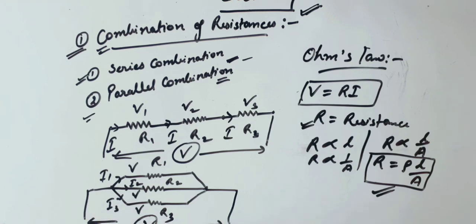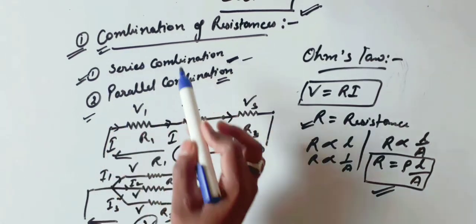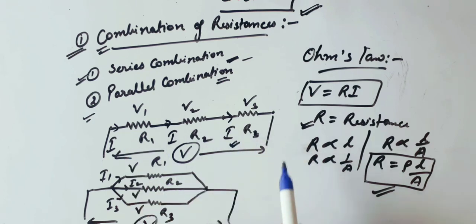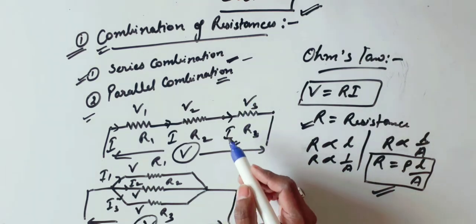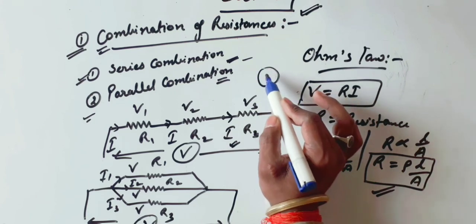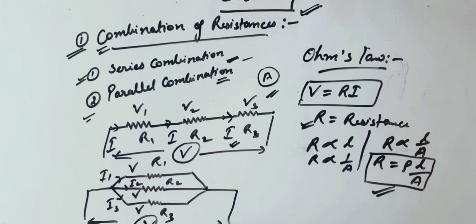So my dear students, in the series combination the flow of current is constant for all resistances, but in the case of parallel combination the flow of current is different for each resistance. What is an ammeter? I have already discussed this in my previous video.